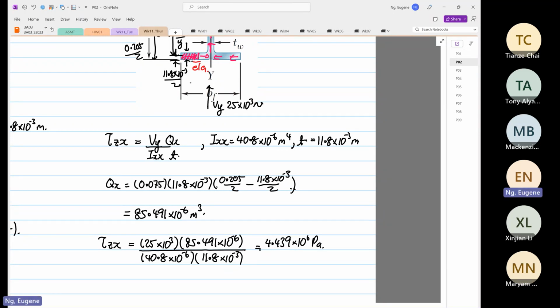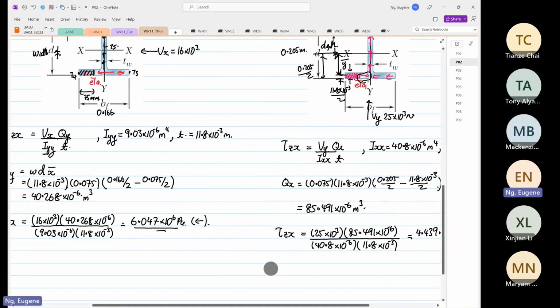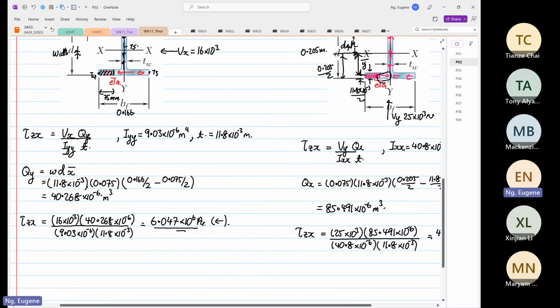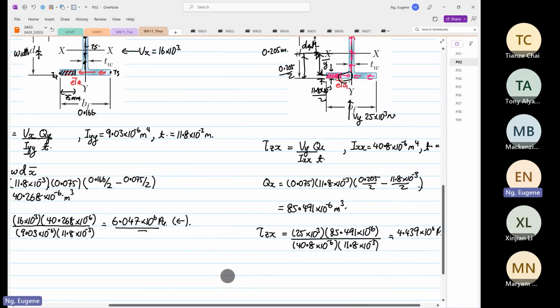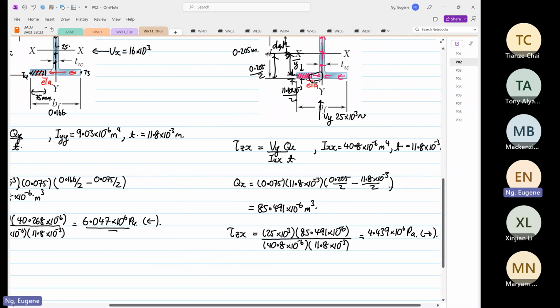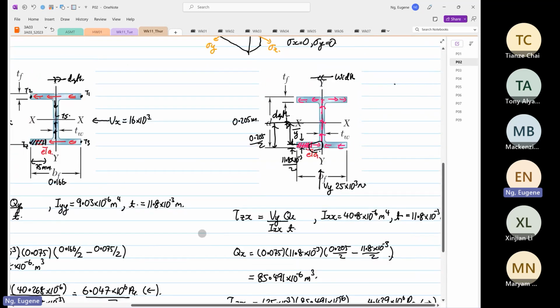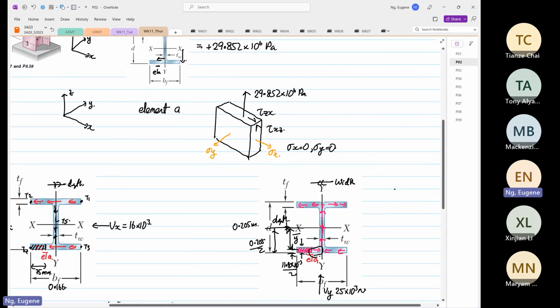And then if you look at the shear, the direction is going towards the right. So now we have both shear ZX: 6.047 going towards the left, and the other one is 4.439 times 10 to the power 6 going towards the right. Now coming back to this figure down here, let me copy this figure.